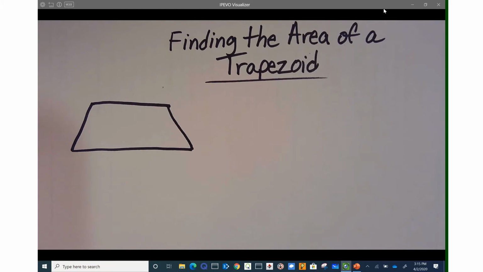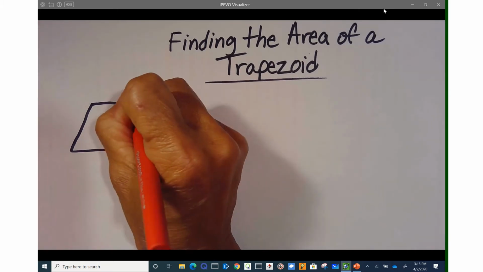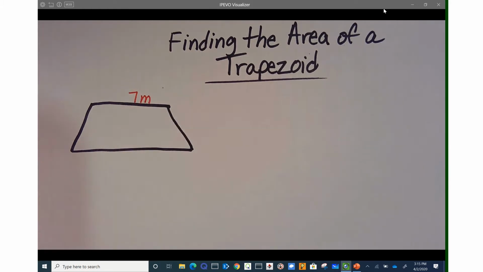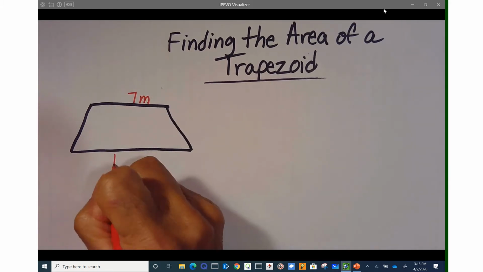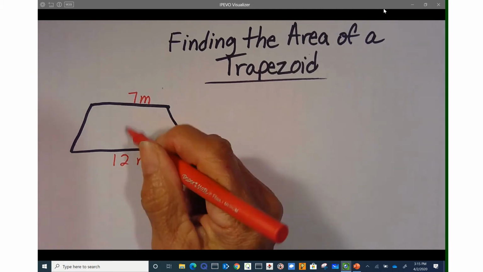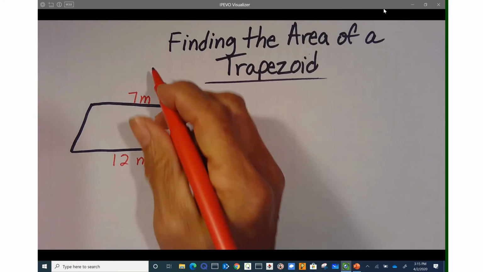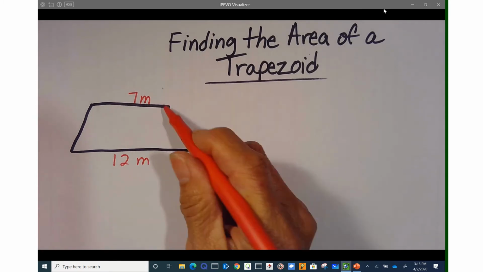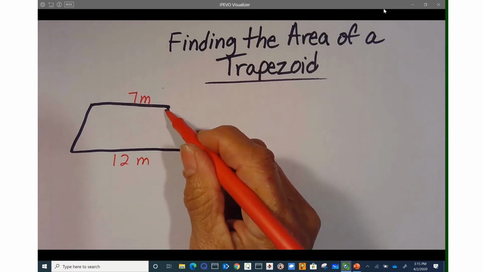Let's go ahead and identify what every measurement is on this trapezoid that we have. So this first base is 7 meters. My second base is going to be 12 meters. Base 1, base 2. And then remember, you need a right angle when you have the height.